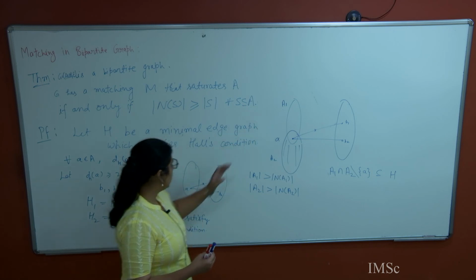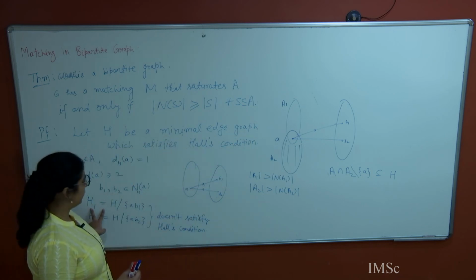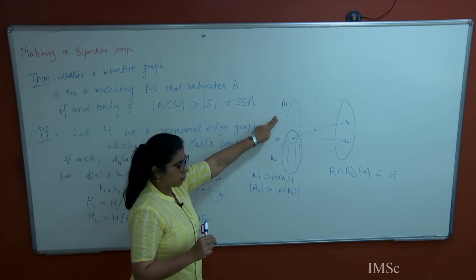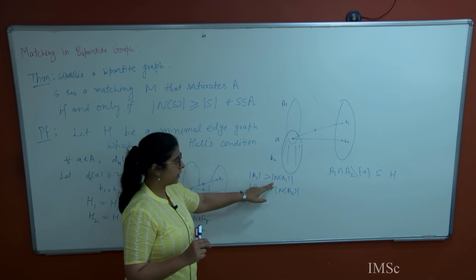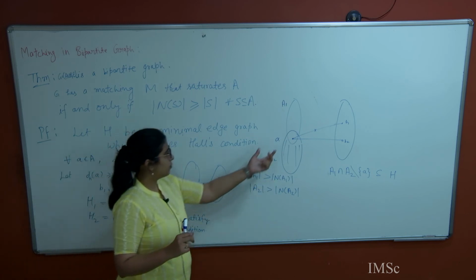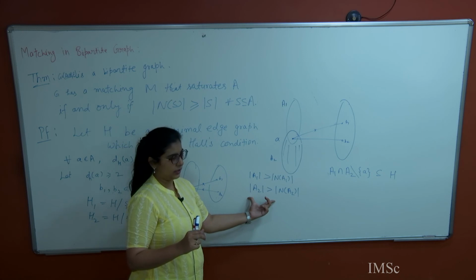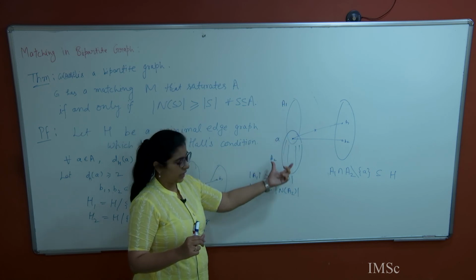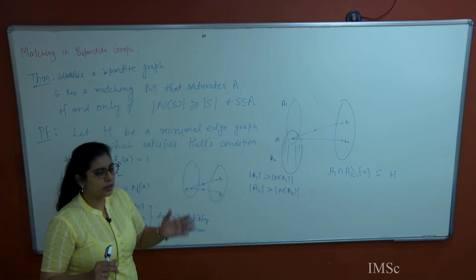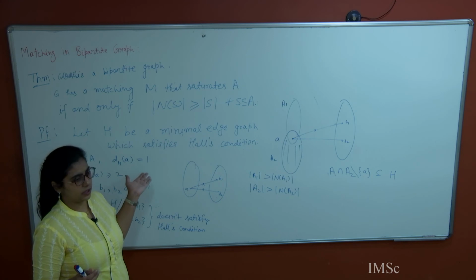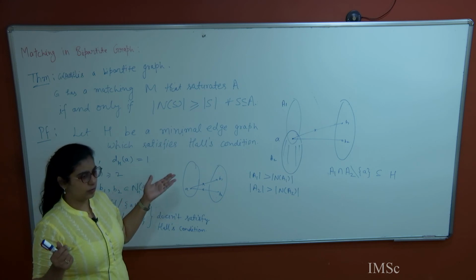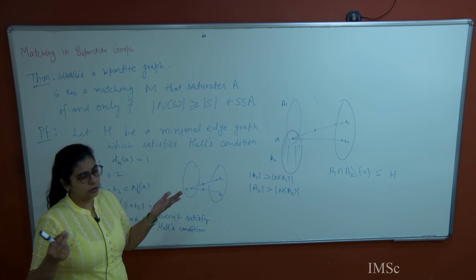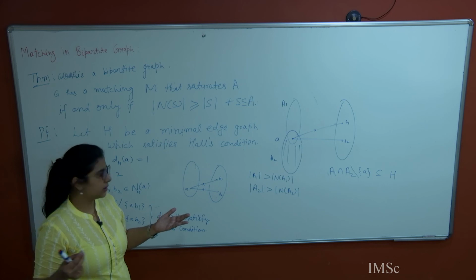Now I am saying that because H1 fails Hall's condition on some set, there exists some subset A1 of A which fails Hall's condition, and similarly in H2 some set A2 fails Hall's condition here. Okay. Now I want to make a subset of A which fails Hall's condition and which is also present in your original graph H, and that contradicts your assumption that you started with the graph which satisfies Hall's condition everywhere.